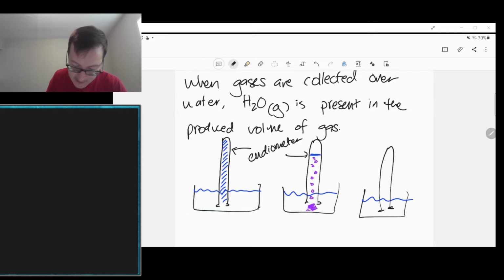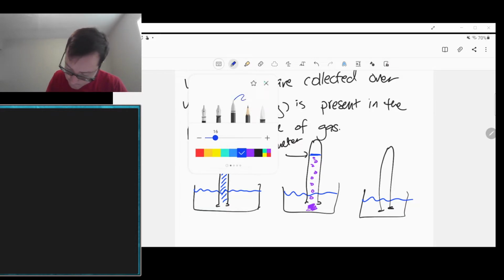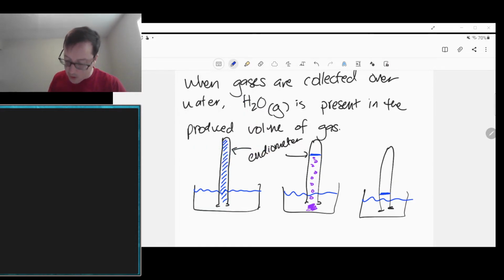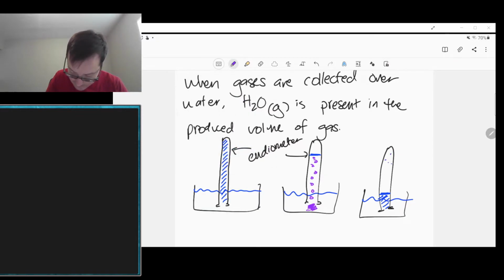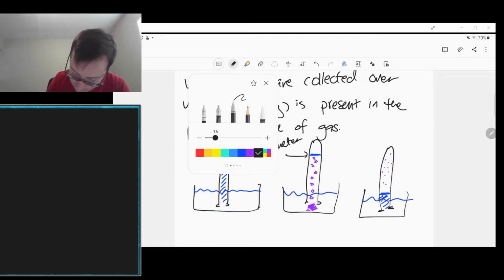When the reaction is done, now our water level is down here. So all that purple gas has filled up the top part of this. So all of this would be purple gas, but there's also water vapor. That's what I'm trying to say.